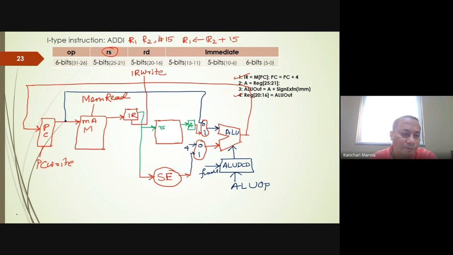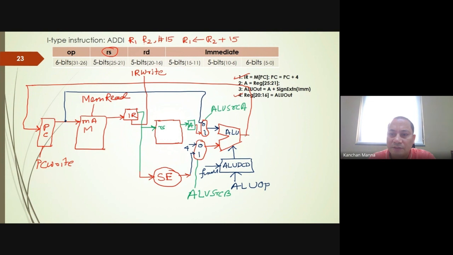Now we have to tell about the select input. So this is ALU SRC A, and this is ALU SRC B.